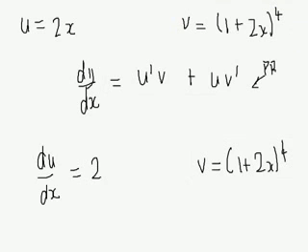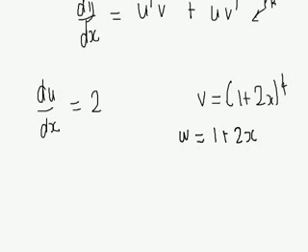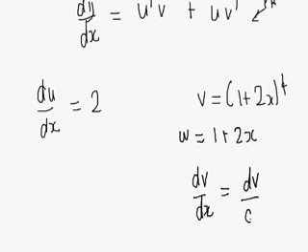Okay, so if we say that w is equal to 1 plus 2x, okay, so in that case, using the chain rule on this problem here, what we are trying to find is dv/dx, which is now equal to dv/dw times dw/dx.